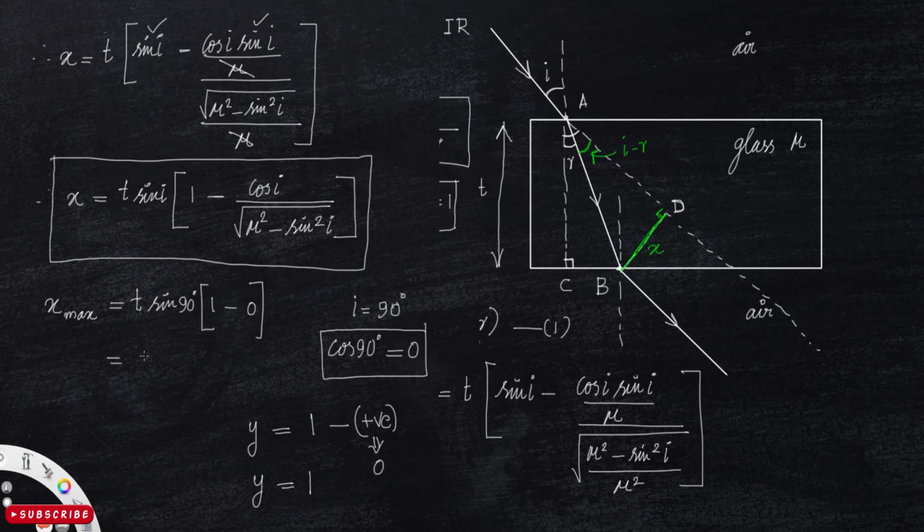And again t sin 90 is t itself, since sin 90 is 1. So the maximum value of lateral displacement will be the thickness of the glass slab. That is, this lateral shift cannot be greater than the thickness of the glass slab. Clear?